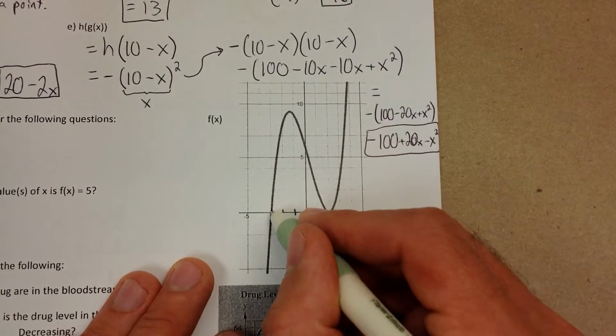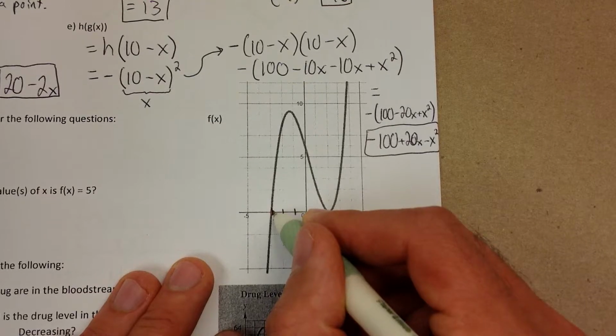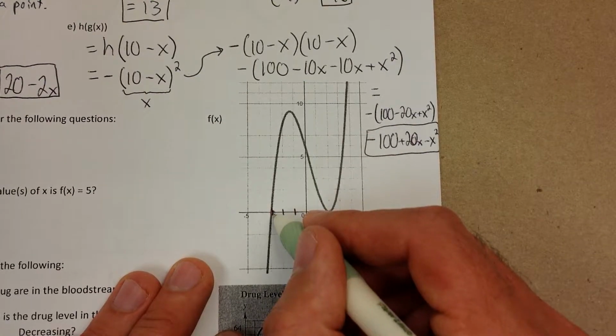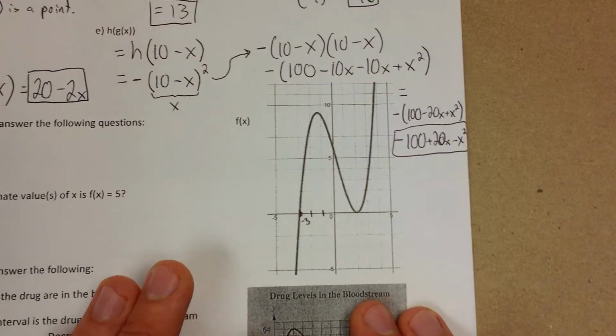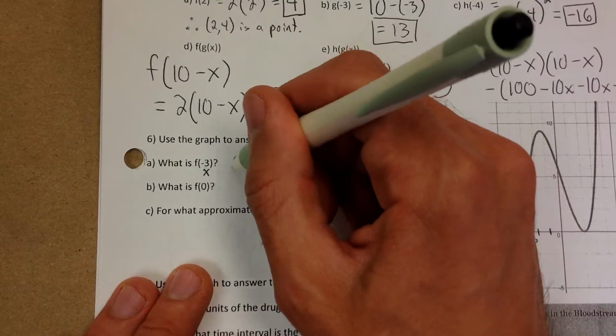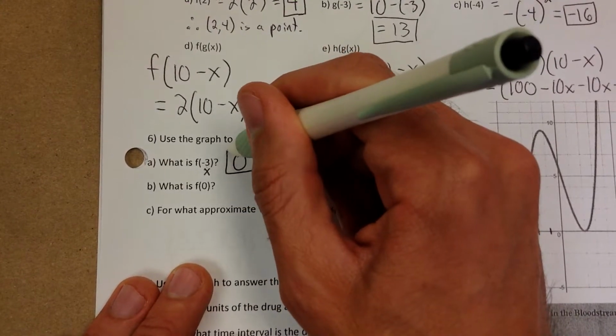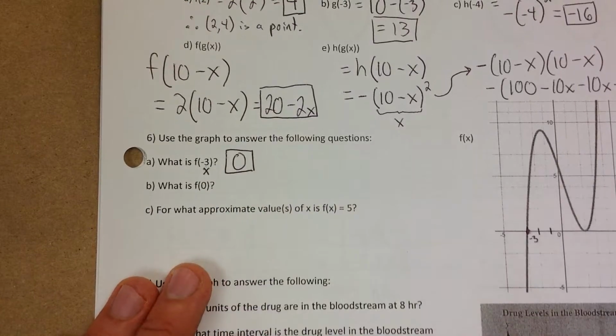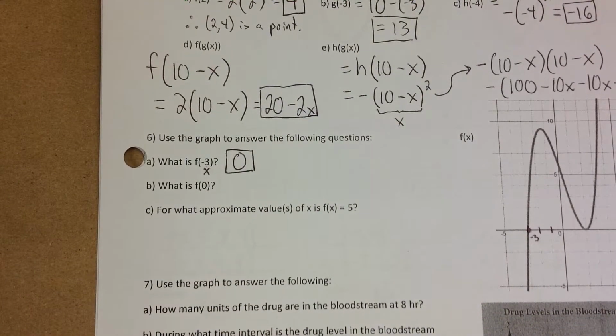So do you see how it connects right here? So Sue, what's the y-coordinate here? 0. So that's your answer. Okay, the outputs of these things are y-coordinates, and what you're given inside is the x.